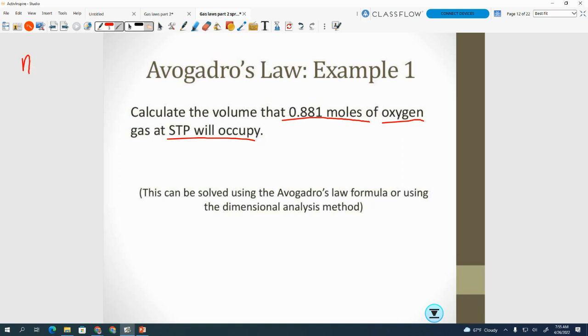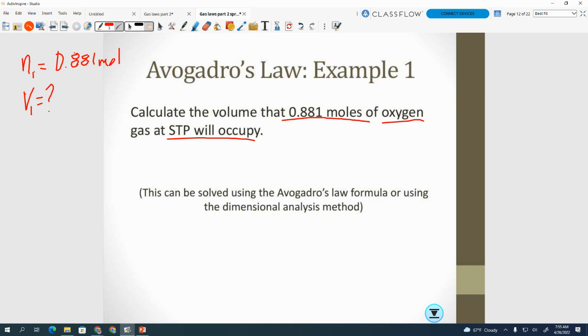So N1 is easy to get. N1 is 0.881 mole. V1 is what we're trying to figure out.